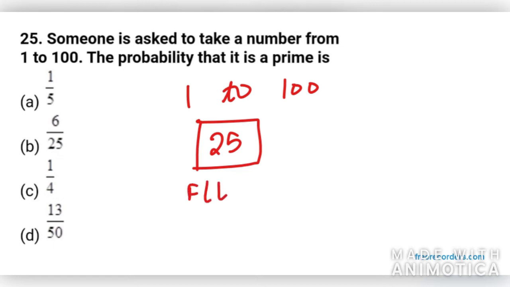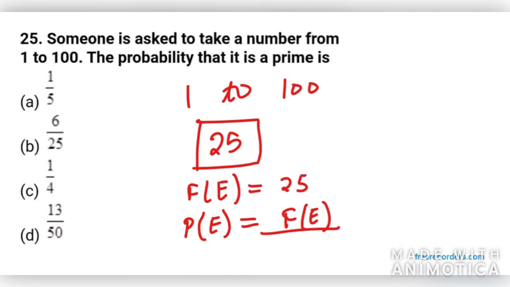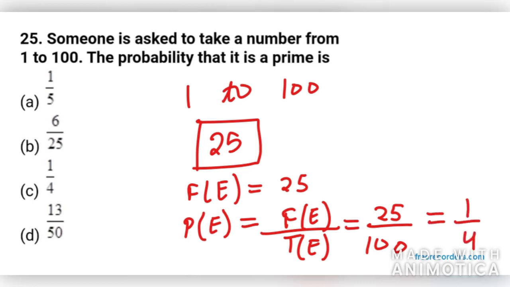So FE in this case is 25. We need to find PE. PE will be FE over TE. FE is 25 and the total is 100. So 25 over 100 will be 1 by 4. That means the third option is the right one.